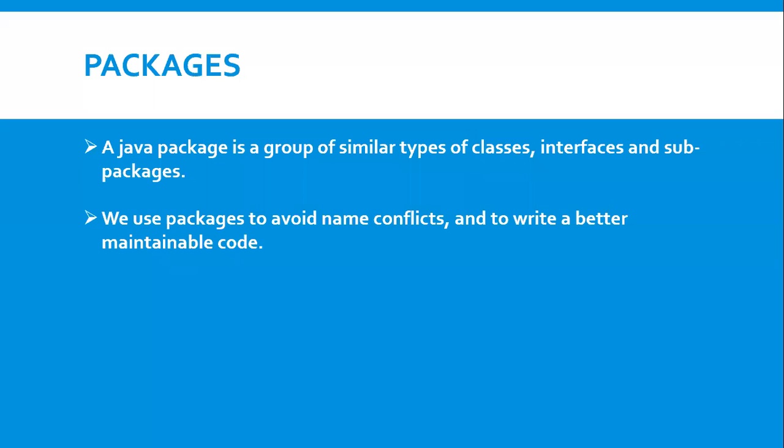So generally, the naming conflicts can be avoided through packages. Why? Because there will be two different packages, student and employee. If you want to use a display class in the same program, there will be confusion whether this display class is going to be used for students or employees.